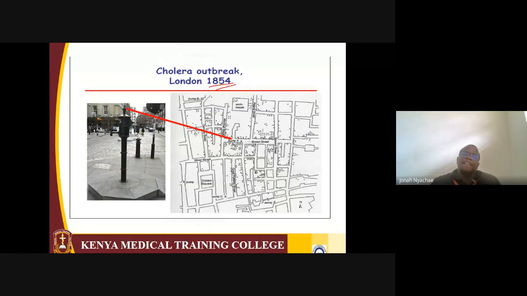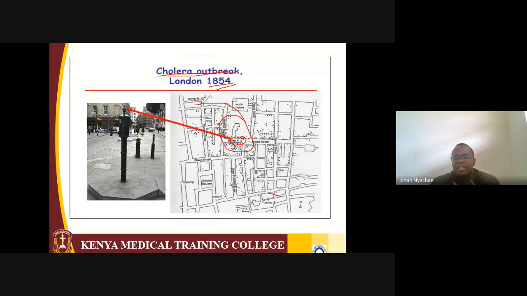In London, there was an outbreak of cholera. In that outbreak, he realized that people who were fetching water from a particular tap, tap A, were having a lot of waterborne diseases in the form of cholera.